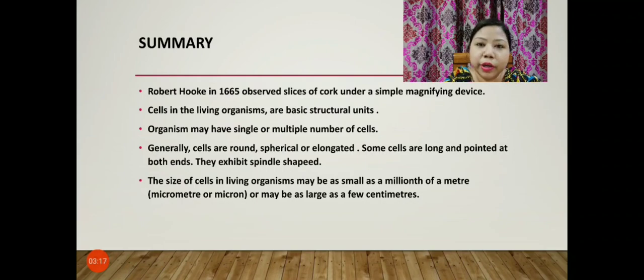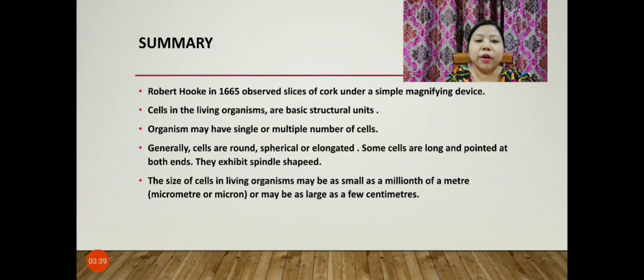Cells in the living organisms are the basic structural units. Organisms may have single or multiple number of cells. So when it is having a single cell, it is called a single-celled organism or unicellular organism, and when it has more than one cell, it is called a multicellular organism.